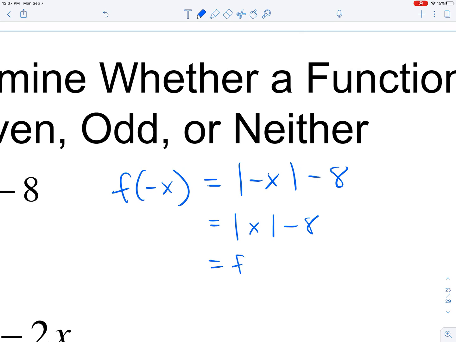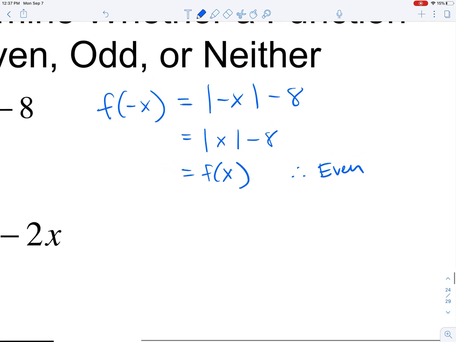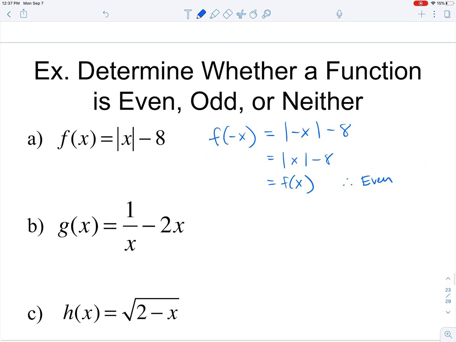The outputs would be the same as just the function f of x. And therefore, f of x is an even function, meaning its graph would be symmetric about the y-axis. And if you were to graph that function, you would see that. If you applied a horizontal reflection, it would look the same as the original graph.